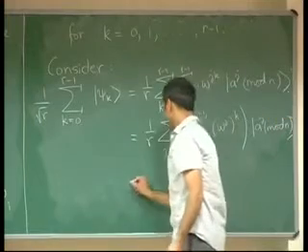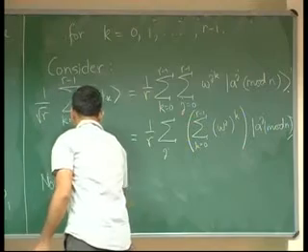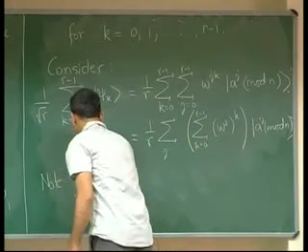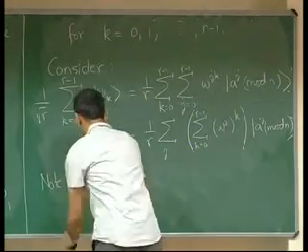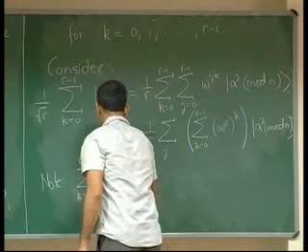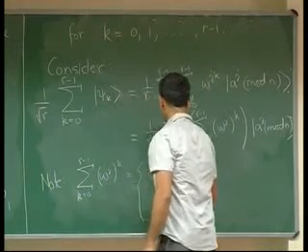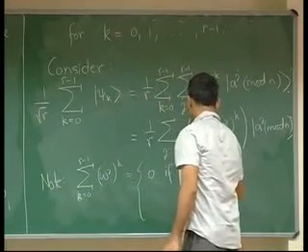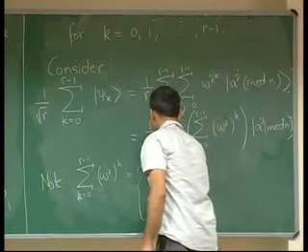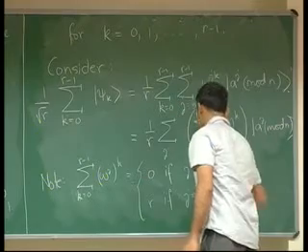So this simplifies as follows. The summation over k going from 0 to r minus 1 of omega to the j to the k equals 0 if j is non-zero, and equals r if j equals 0.